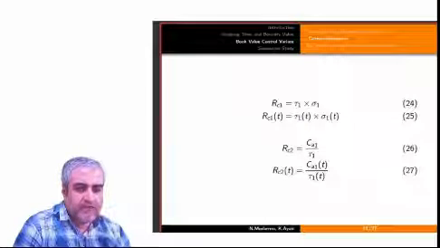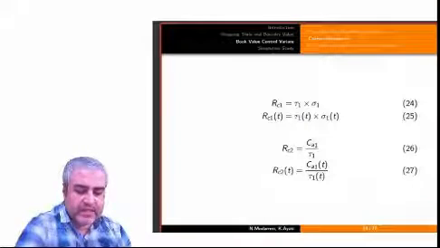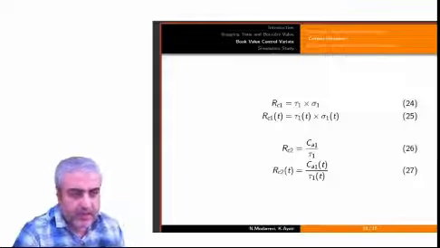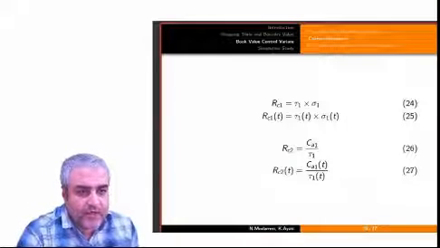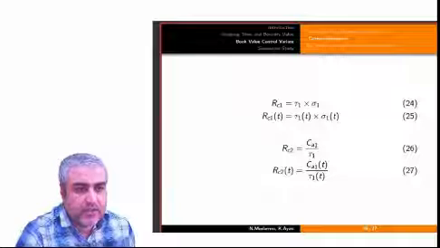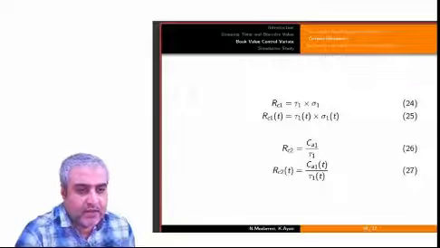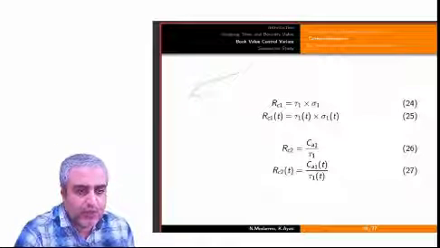Here we have these types of variance reduction for two sample paths. Sample path 1, sample path 2, for example.